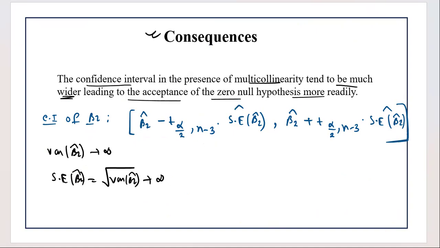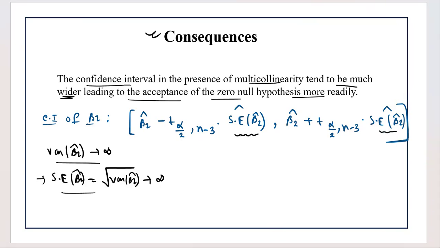There is also a concept of variance inflation factor, but since I have not introduced that concept, I don't want to go into that. So variance is going towards infinity, and standard error, which is simply the square root of variance, is also tending towards infinity. Now see, here you have standard error, here you have standard error.